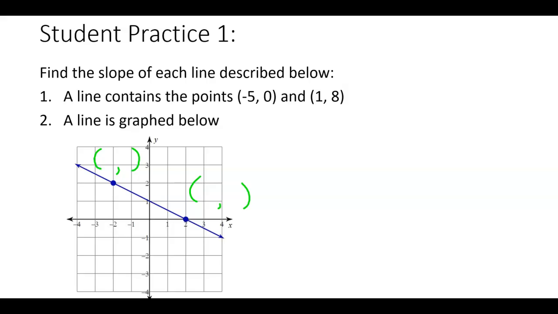So if these were the points, that would. So what divides into 2 and 4? And that's how you do it.